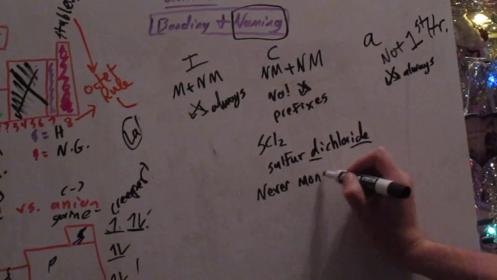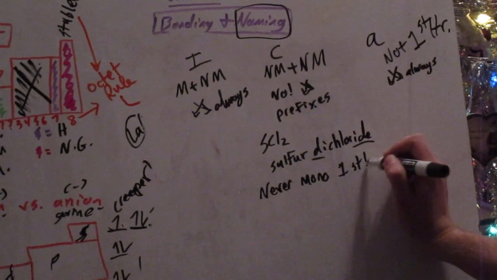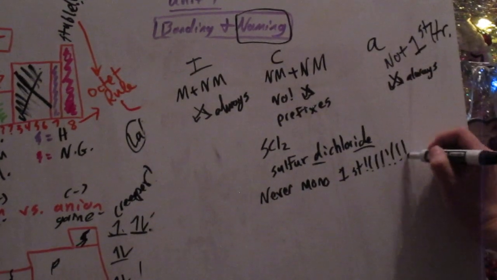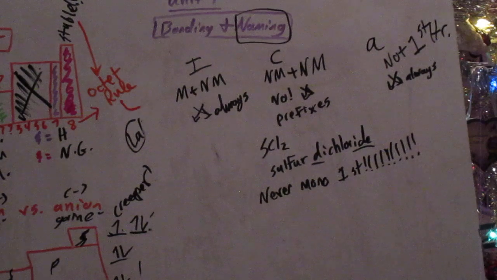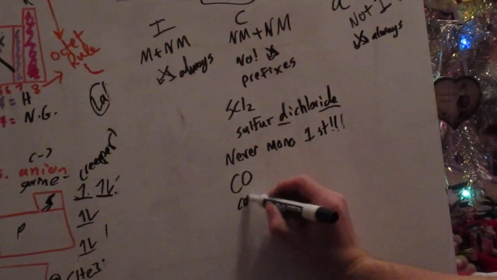You can never have mono first. That was a very, very big thing. Say it with me. Never mono first. Okay? So, if you had something like CO, which is carbon.